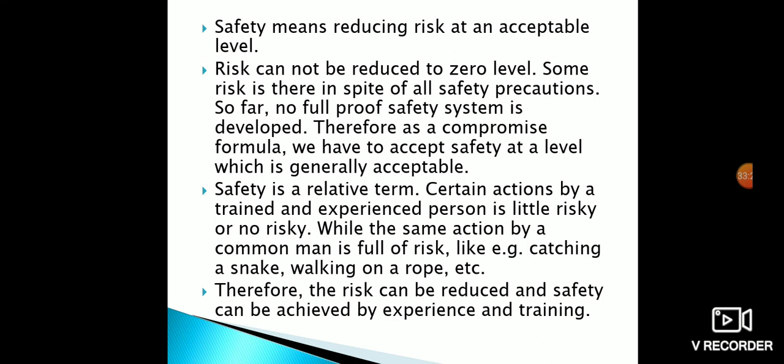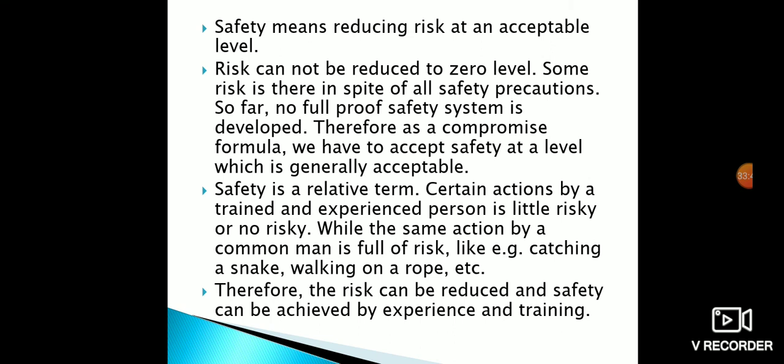Some risk is there in spite of all safety precautions. Having all safety precautions, still there is some risk, so we cannot eliminate it to zero level, right?